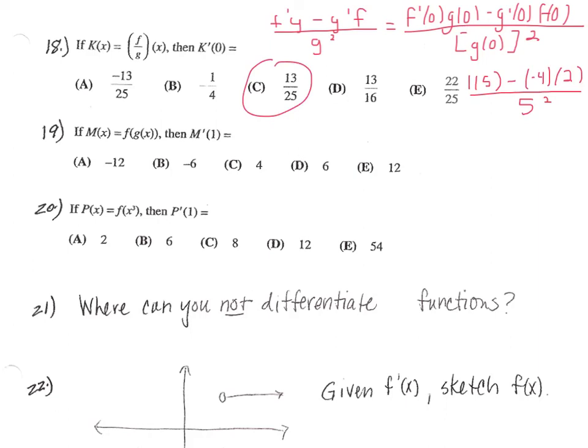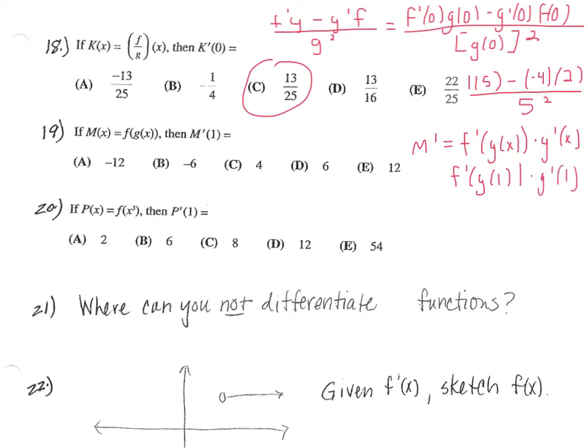If m is f of g of x, then to find m prime, we need to do the chain rule. So we'll have f prime of g of x times g prime of x. And we want to do m prime of 1, so that'll be f prime of g of 1 times g prime of 1.